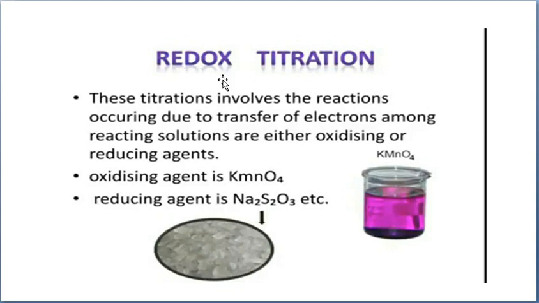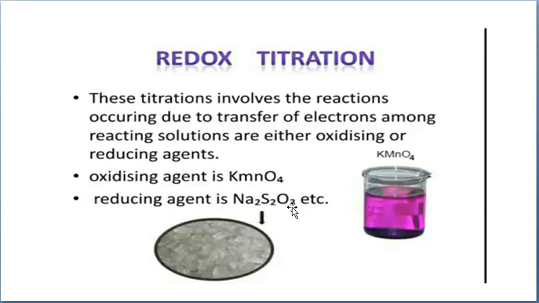An example for this type of titration is ferrous ammonium sulfate versus KMnO4. You are using it in your practical estimation of ferrous ammonium sulfate. The FAS, there your burette solution is KMnO4 and your pipette solution is ferrous ammonium sulfate, FAS.